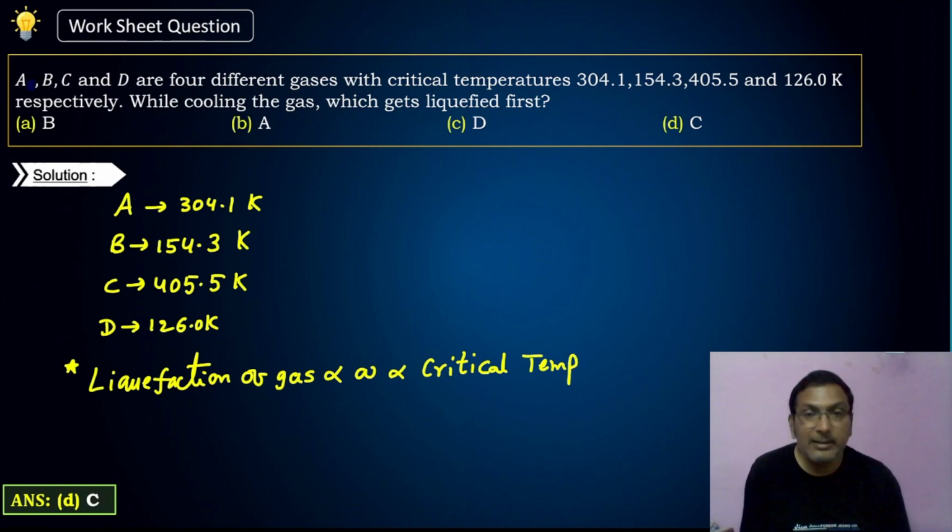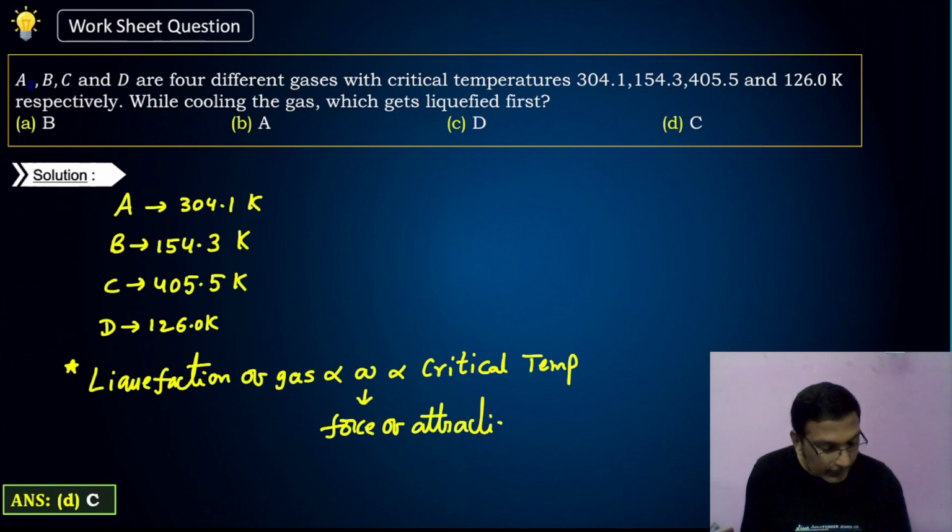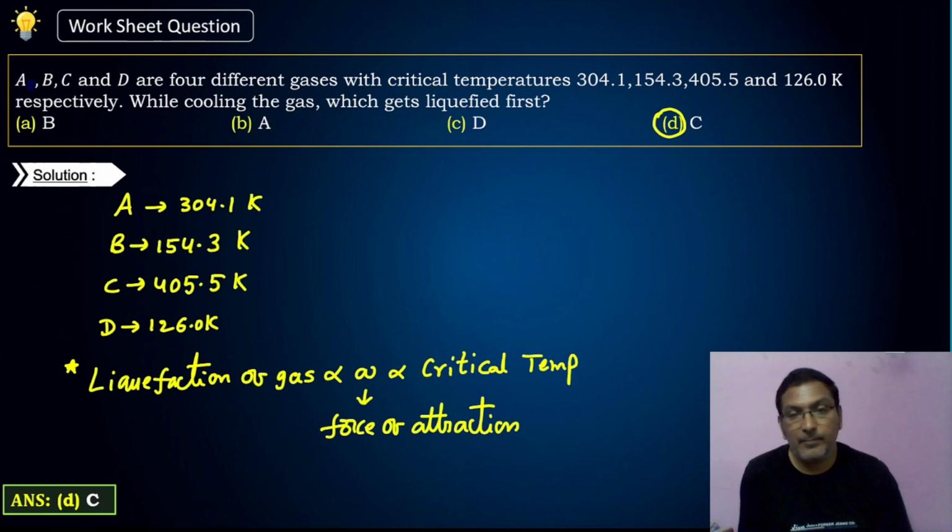We know van der Waals constant A is force of attraction. As the critical temperature increases, force of attraction increases. As the force of attraction increases, liquefaction of gas increases. So here clearly C will be having more critical temperature. Therefore, it will be liquefied first. Important formula. Next.